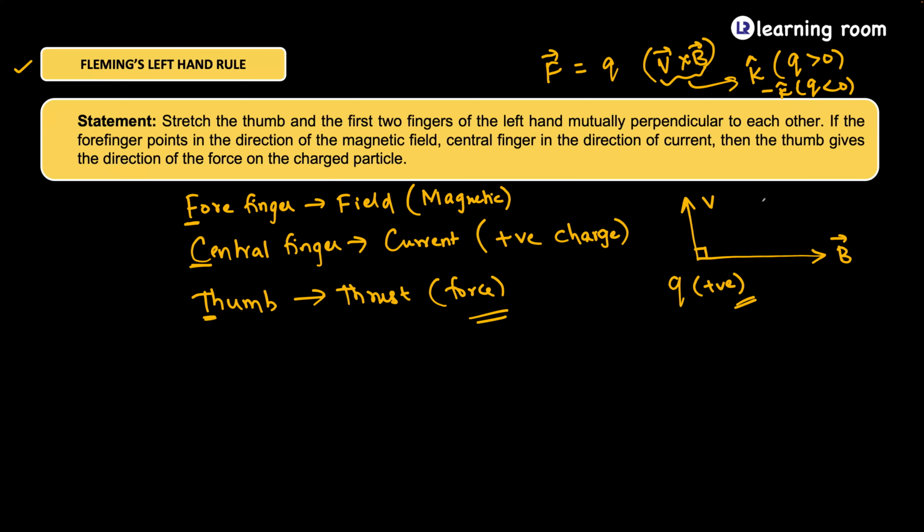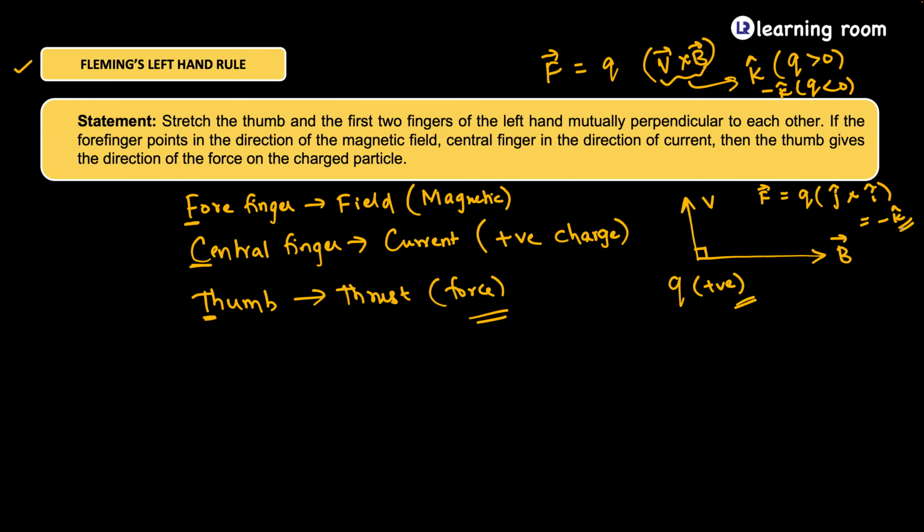For me to find the direction of the F vector, what should I do? Q into what is the value of V vector? V vector is in the direction of j cap, cross what is the direction of B vector? i cap. So what is j cross i? Minus k. So I will write the answer as minus k cap because the charge is positive here. Right? That's what the cross product tells me.